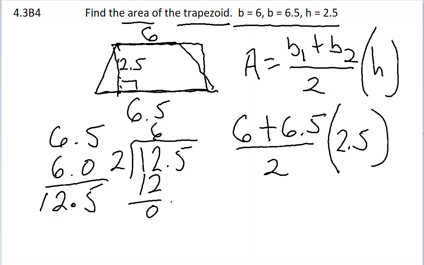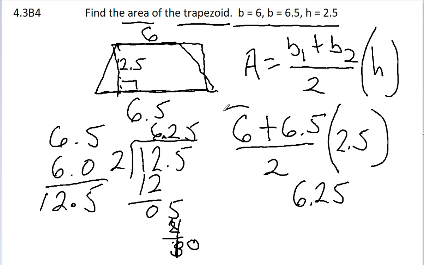And then we can bring the 5 down. 2 goes into 5 2 times. So we're going to keep going though because it didn't come out even. Whoops, 2 times 2 is 4, I'm sorry, which leaves 1. Now we can go 5 and then bring the decimal straight up. So now we have 6.25 is the result of averaging the bases.